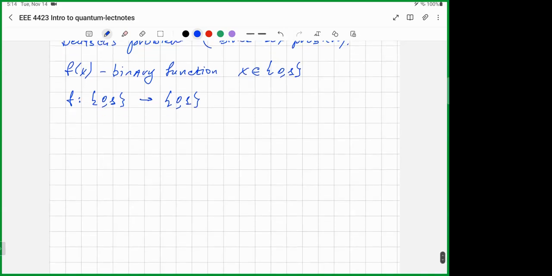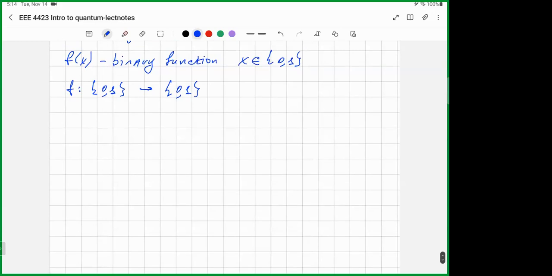And here we have 4 possibilities, right? For example, if we look at f(0) and f(1), we have 4 different types of the function. For example, if f(0) returns 0, and f(1) also returns 0, this is one type of the function.